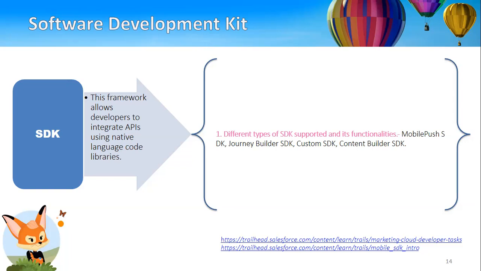Some examples: if you are seeing Google Maps in your email, that might be because of the SDK. We have some live clicker options that are integrated with Marketing Cloud, and you can see a Google Map for whatever location you enter. It will generate a Google Map directly in the email itself. That is all because of this SDK.